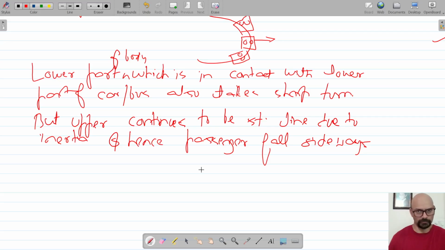So now the question arises, which object has more inertia, the heavy or the lighter one?